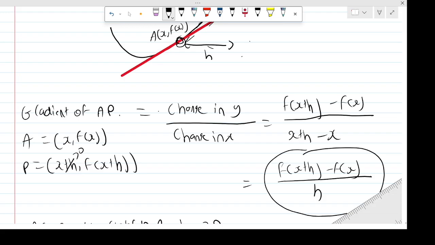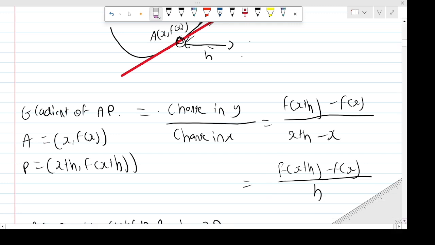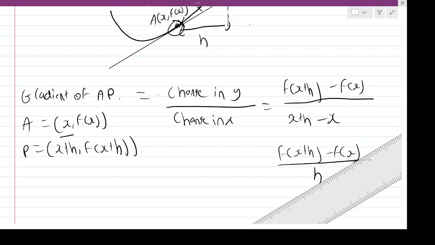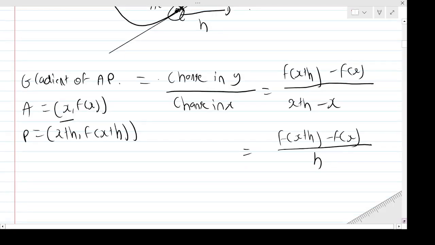So then basically P is on A, so there's no difference between A and P, which gives me my tangent, okay? So therefore I want this expression, this tells me my gradient, but I want this H going to 0, okay? What we can say then is we want to make H go to 0.